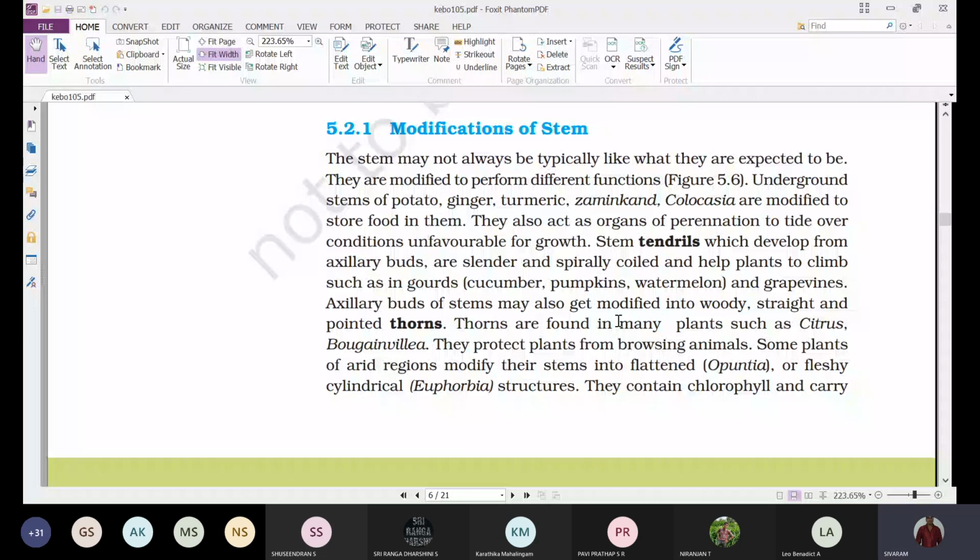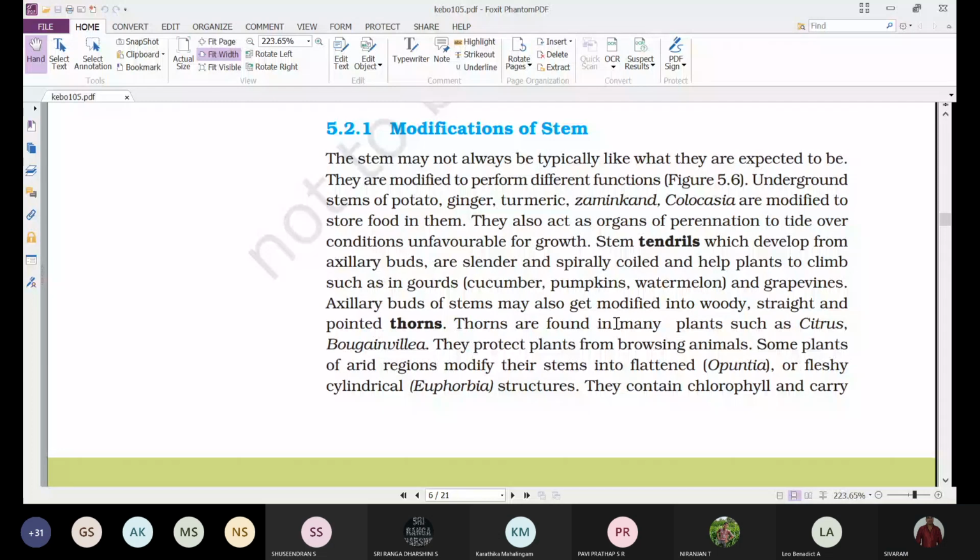And in some plants, the stem is not only aerial, but some part of the stem will be present inside the soil. Such a portion of the stem we call an underground stem. Why does some part of the stem remain inside the soil?